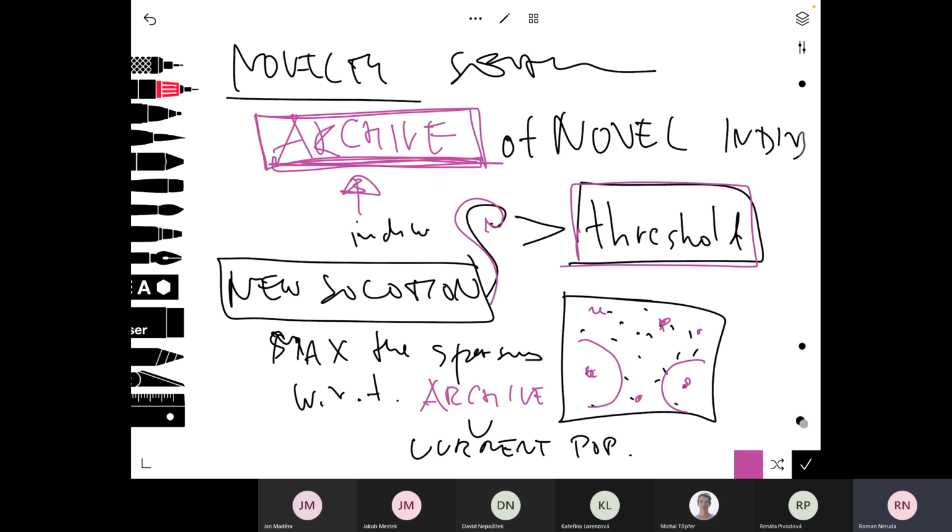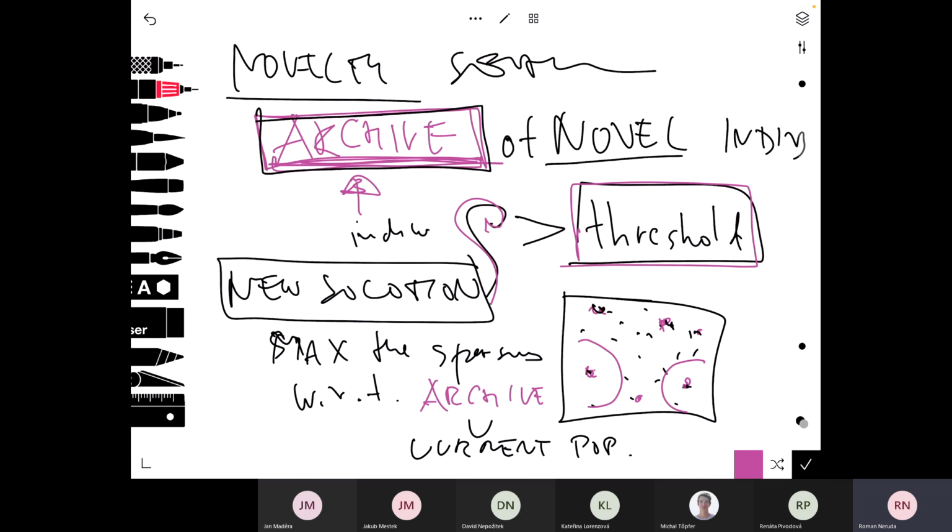So this is important to understand. You have a global archive that you keep of the so-called novel, very different individuals, right?